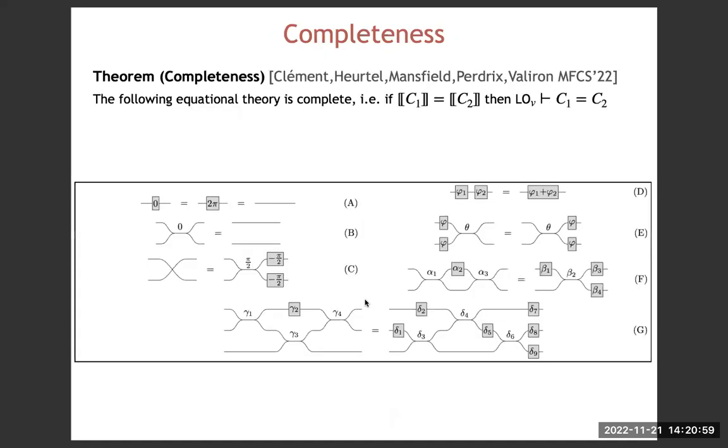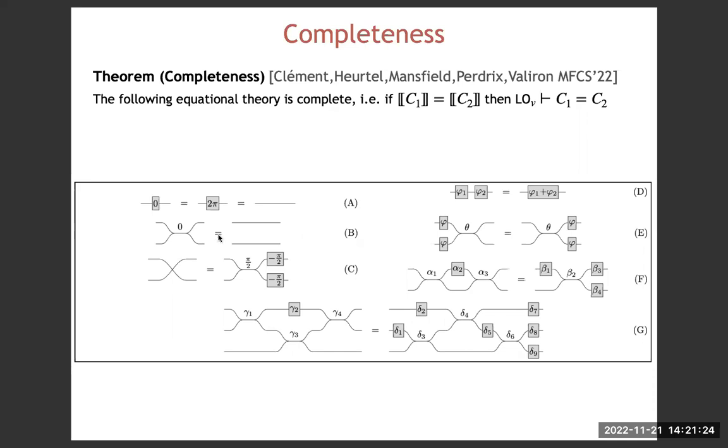Okay, so what we have introduced with Alexandre, Nicolas, Shane, and Benoit is a complete equational theory for this fragment, which is fairly simple. There are 7 rules, which are simple rules, I would say. This equational theory is complete.